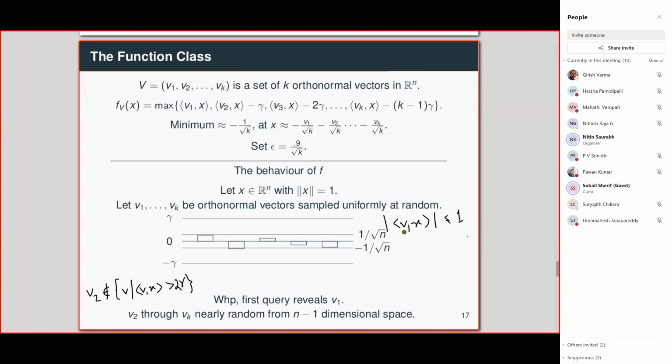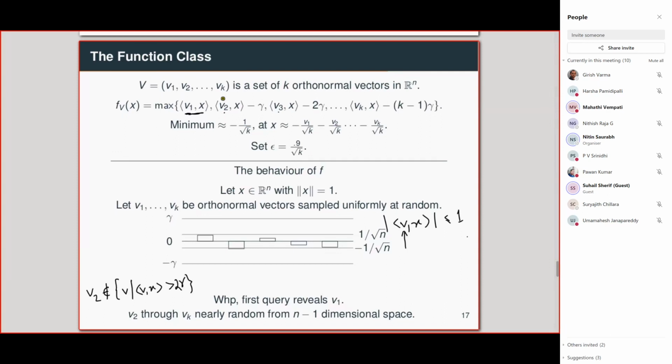I always say that V is actually at random. And the argument that we'd want to make is that in our first query, we learned V1 because this has to be the maximum, and the others are still completely at random. The problem is that that's not true. The fact that you got V1 as the answer does give you some information about V2.